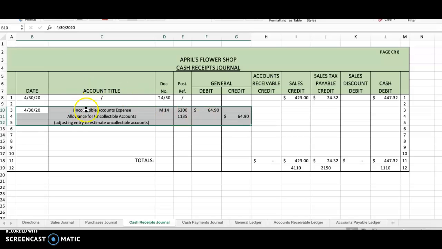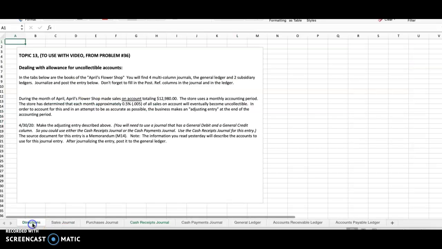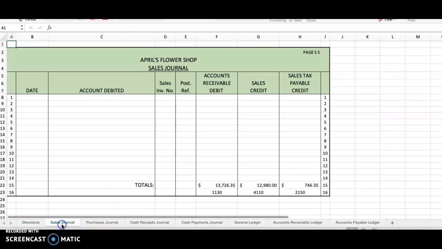And we base the $64.90, as we said back in the directions, on the $12,980 that represents sales on account for the month. And we use 0.5%, which in decimal form is 0.005. You multiply the two, and you come up with $64.90.